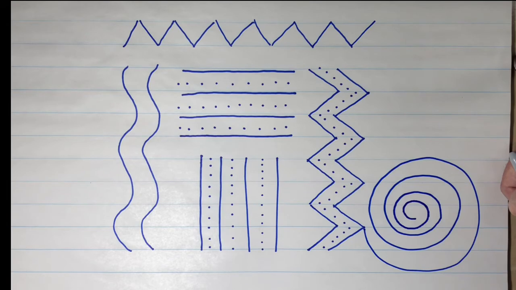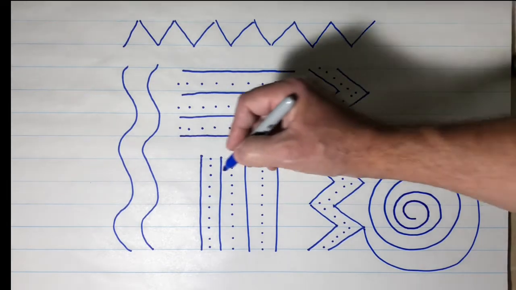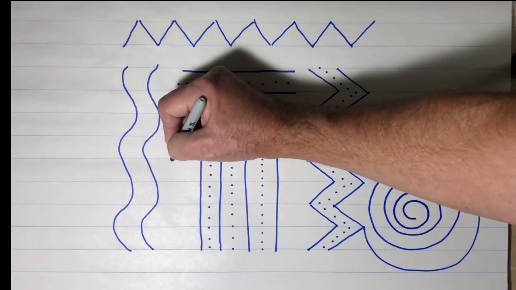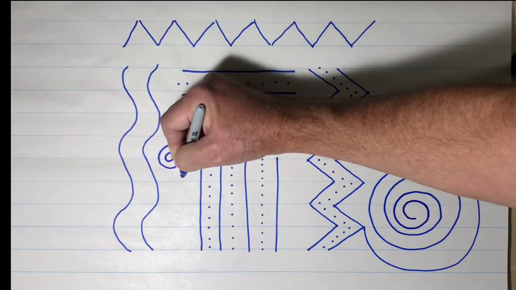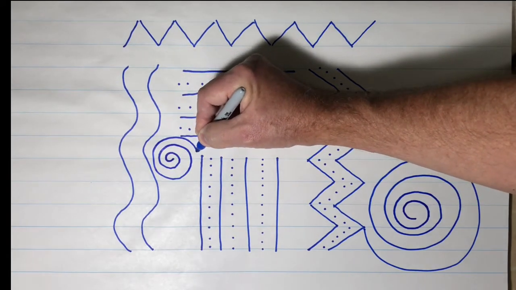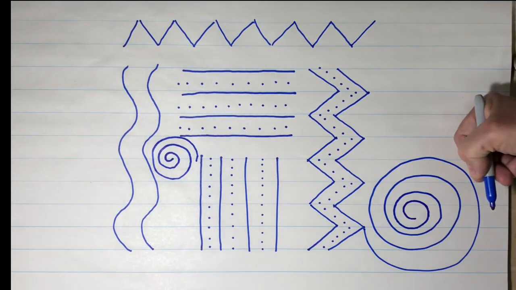Spirals are fun to draw. Let's draw a small spiral in here. And maybe we should draw one more. I'll let you decide where you draw your third spiral line.